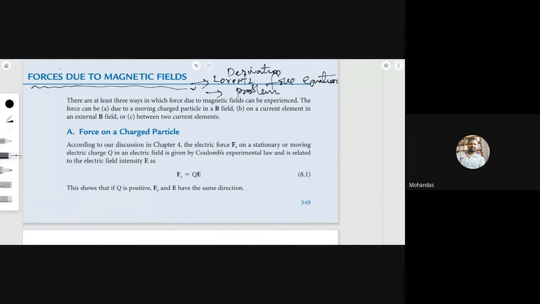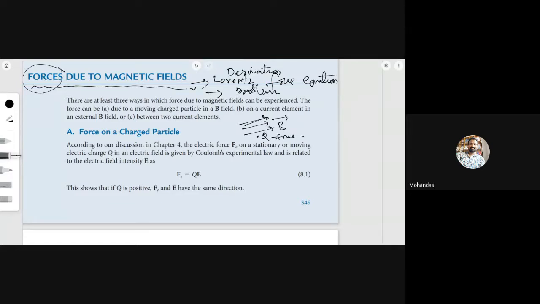Okay. So the forces in magnetic fields. Forces in magnetic fields means if a magnetic field B is present, flux lines are present. If a charged particle Q exists in the presence of the magnetic field, what will be the force on this charge?